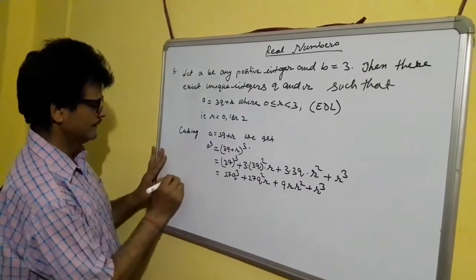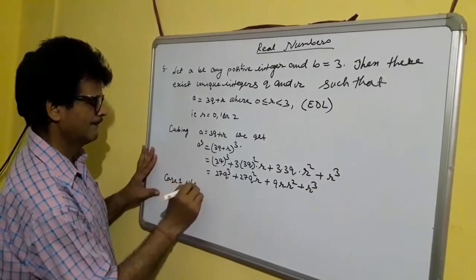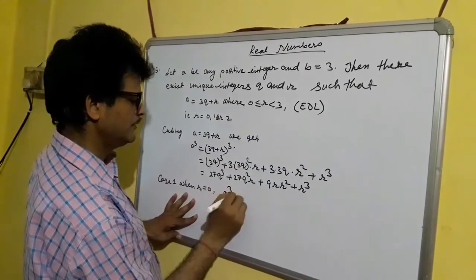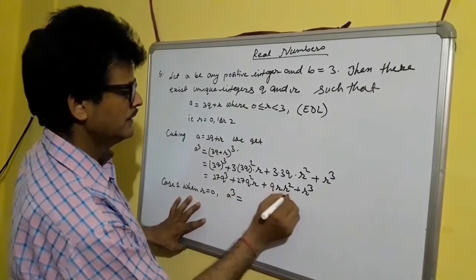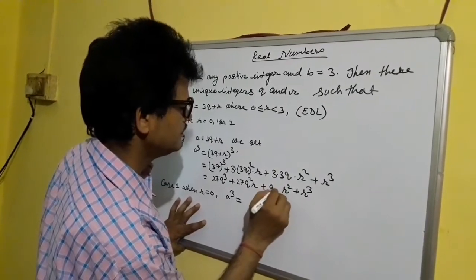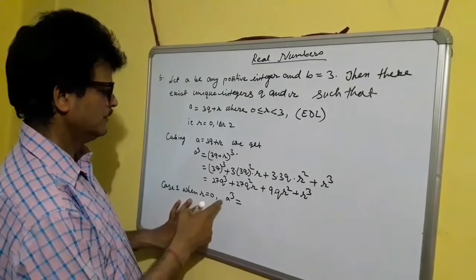Case 1, when r is equal to 0, a cube is equal to, you see here r is 0, so the terms 27 q square r, 9q r square and r cube are 0.